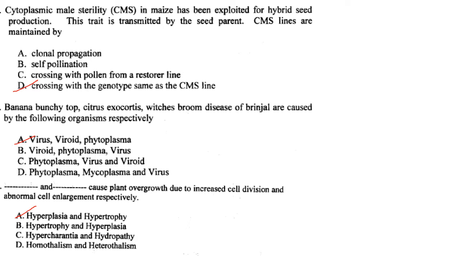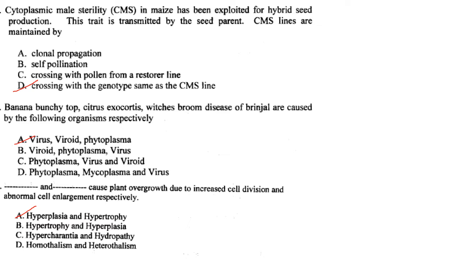Then, cytoplasmic male sterility in maize has been exploited for hybrid seed production. This trait is transmitted by the seed parent. Cytoplasmic male sterile lines are maintained by? So cytoplasmic male sterile lines can be maintained by repeated crossing to a sister line, also known as the maintainer line.